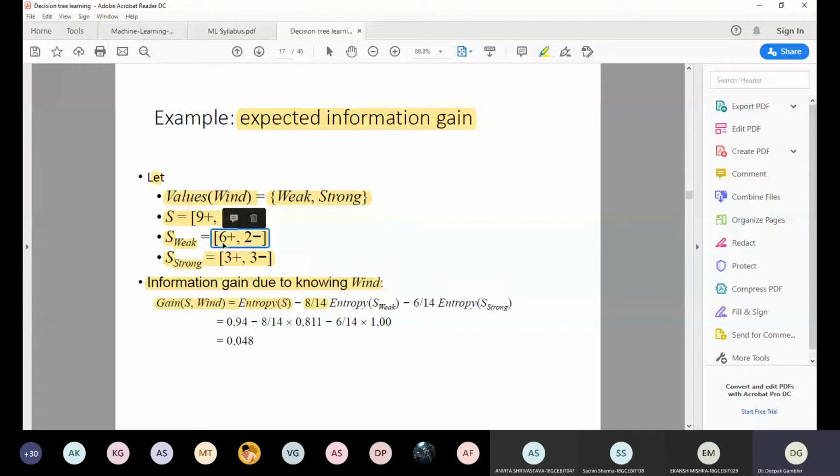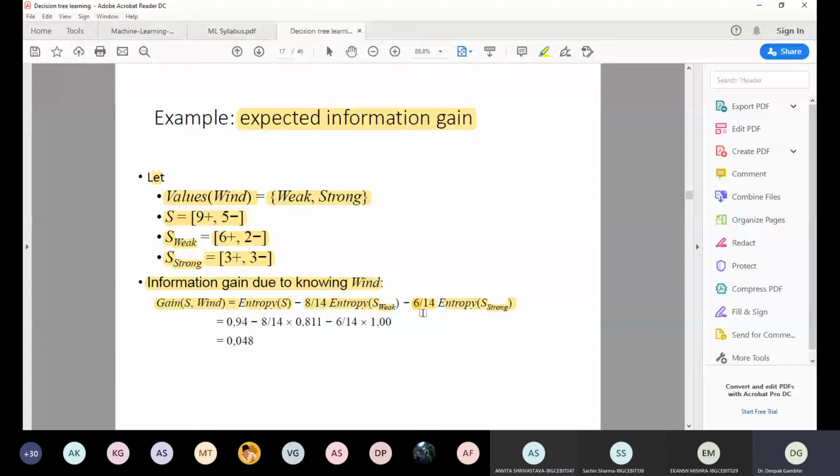The first value is the weak set and the other value is the strong set. In the strong set, there are 3 plus 3, that is 6 cases, out of 14 in total, so 6 by 14, times the entropy of the strong set.